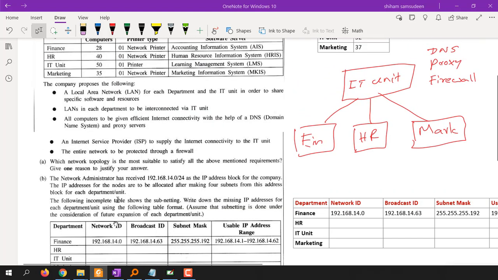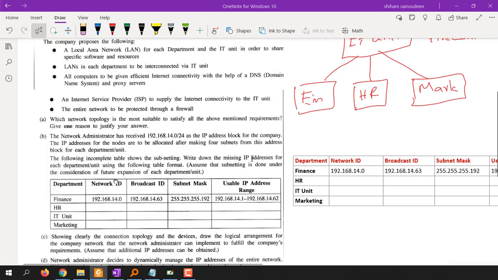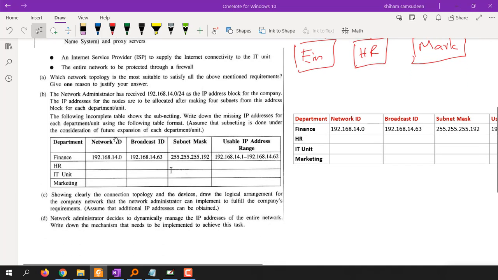The following incomplete table shows the subnetting. Write down the missing IP addresses for each department or unit using the following table format. Assume that subnetting is done under the consideration of future expansion of each department or unit.